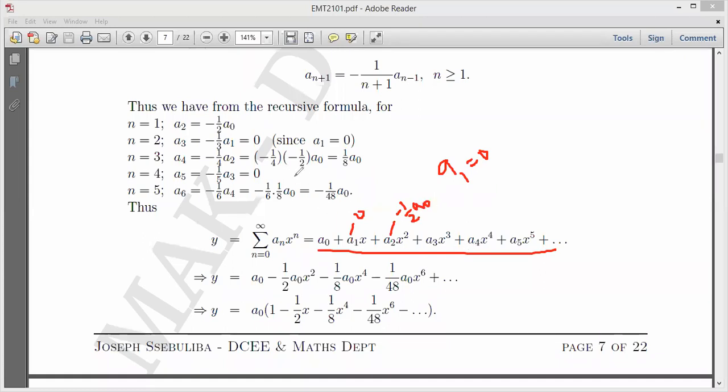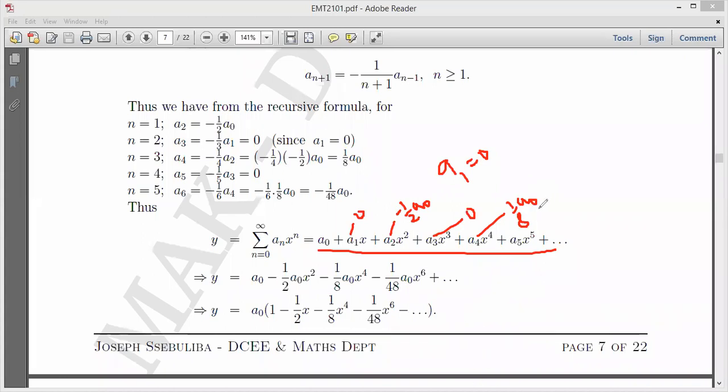Then we have A3. A3 is 0. Then we have F4. F4 is an eighth of A0. And the F5, we have minus 1 over 48 A0.